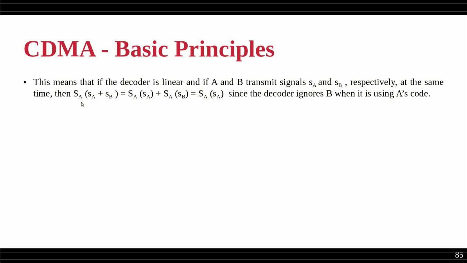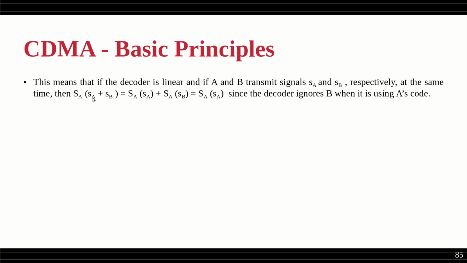The receiver is now trying to decode that signal using A's chipping code. The receiver is willing to take information from A only, so it will be decoding using A's chipping code.